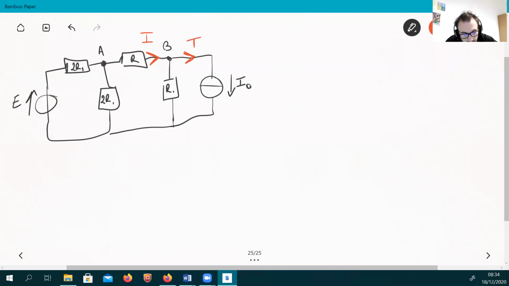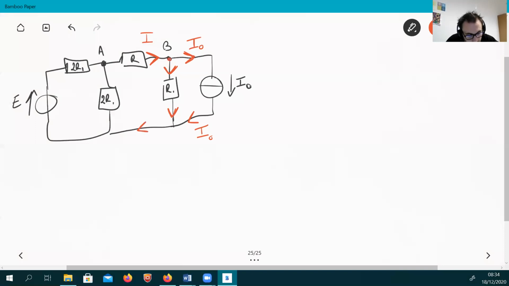Here you have I0, because you have a current generator delivering current I0 through the branch. So you can deduce the current entering R1. I will let you do this.